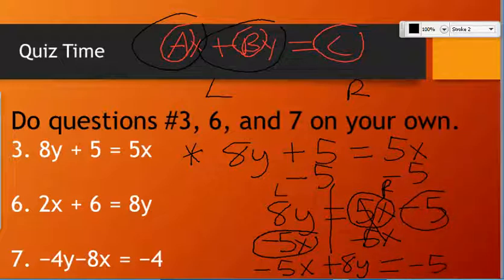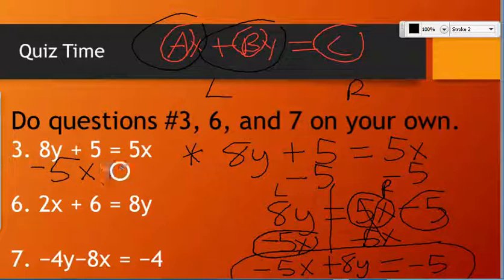So we have to keep the sign that's in front of those terms. So in order for this equation to be in standard form, it would be negative 5x plus 8y equals negative 5.